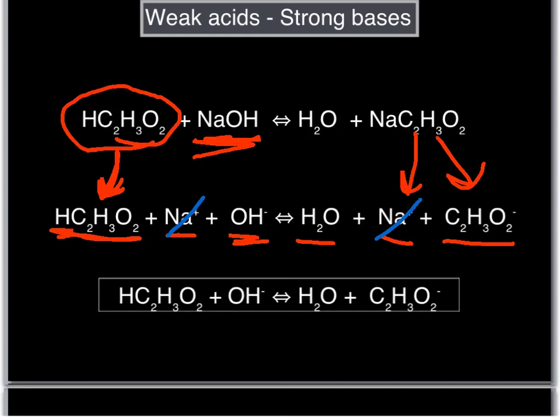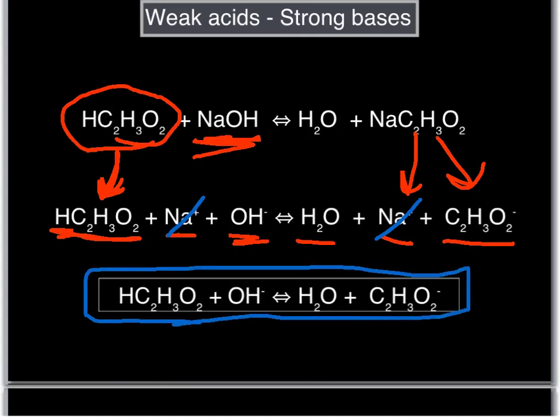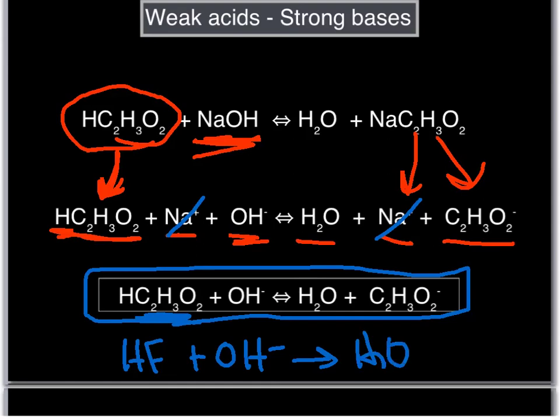So a weak acid plus the hydroxide ion goes to water and the anion of the weak acid. For example, if the weak acid was hydrofluoric and we have a strong base, we get water and the fluoride ion.